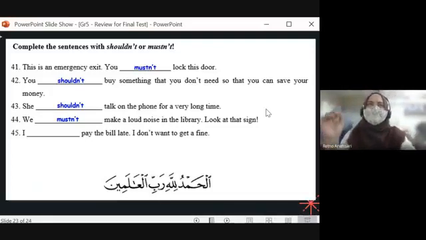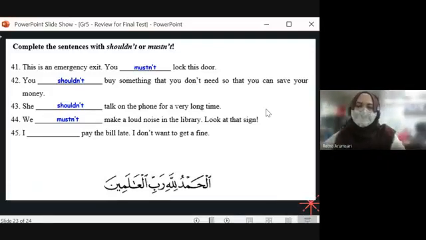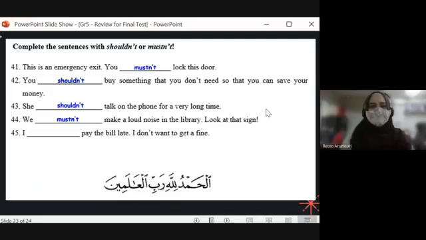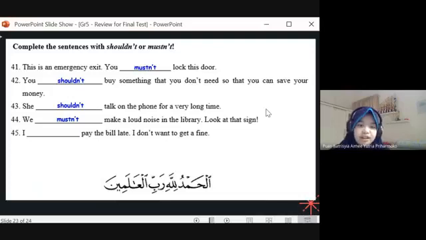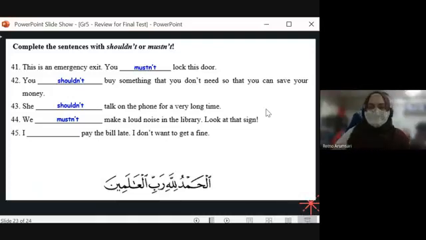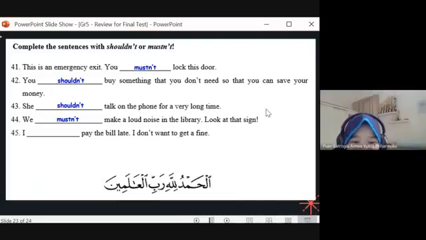For example, you have to pay the bill on the 30th of June at the latest. If you pay the bill after that, you will get a penalty, which is that fine, some money that you have to pay. You have to pay the fine and the bill. Yeah, that's right.